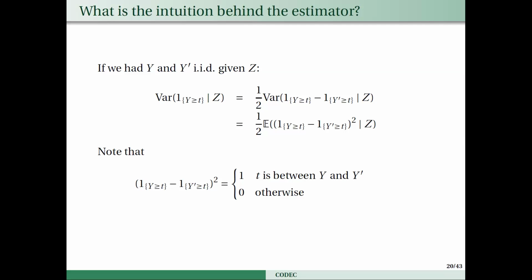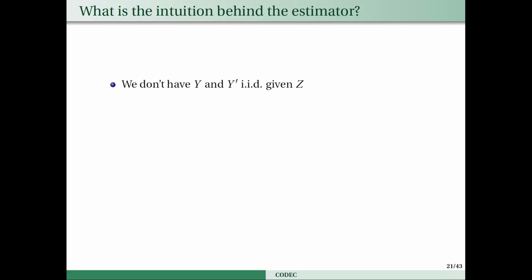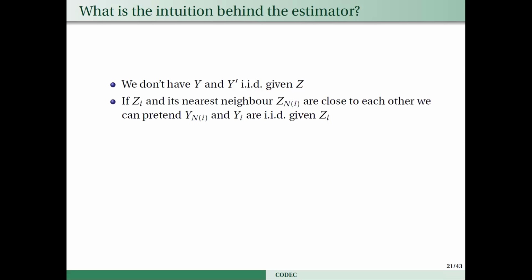It's 1 whenever t is exactly between Y and Y prime, and 0 otherwise. Basically, it's asking for all the values that are between Y and Y prime. Unfortunately, we don't have access to this Y and Y prime in reality because I only have one sample. And if Z is continuous, it's very unlikely to see multiple observations with the same Z. So what do we do? That's the part where we start basically cheating.